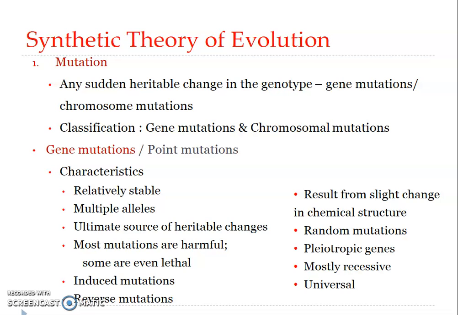Mutations are changes in the genetic material, either in the chemical structure of genes or in the structure or number of chromosomes. When it is in the chemical structure of genes, the change is referred to as a gene mutation. When it is in the structure or number of chromosomes, we refer to it as a chromosomal mutation. So any sudden heritable change in the genotype is what is referred to as mutation.